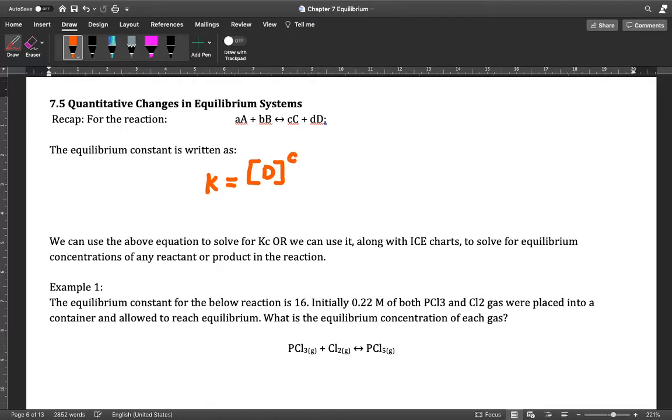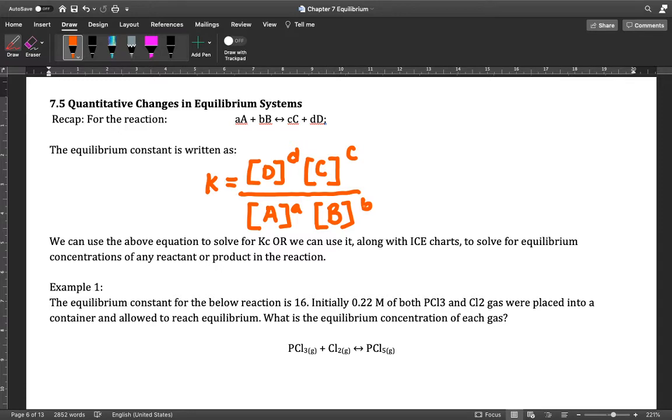So the exponent is going to be the coefficient. The same thing for the reactants. You always want your products on top and your reactants on the bottom. So this is your general formula for the equilibrium constant.